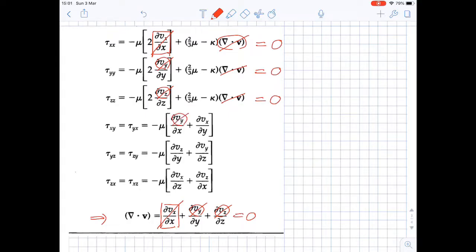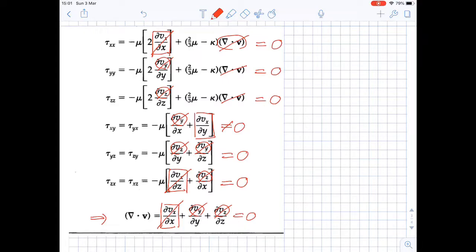Vy here is 0, but Vx, in our case, is a function of y, so this term is not 0. Vz here is 0, Vy is 0, so this term is 0. Vx is not a function of z, so the whole term here is 0, and Vz itself is 0. So this shear stress is 0.